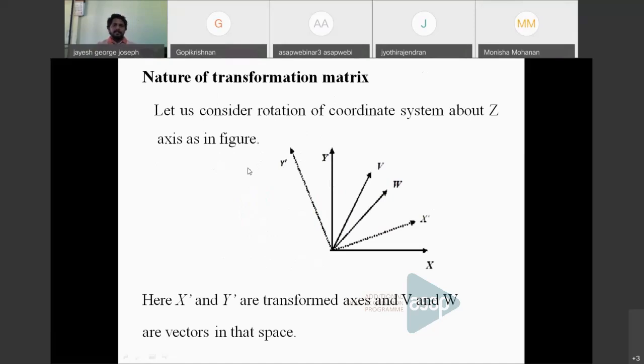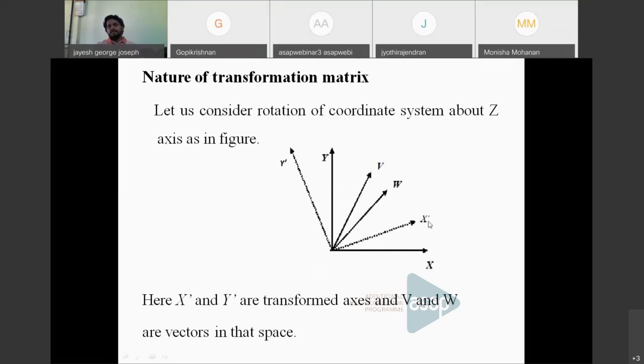Let us consider rotation of a coordinate system about the z-axis, as in the figure. The z-axis is not shown in this figure; its direction is perpendicular to the plane of this paper. The coordinate system rotates through some angle, say phi, taken in the anti-clockwise direction.